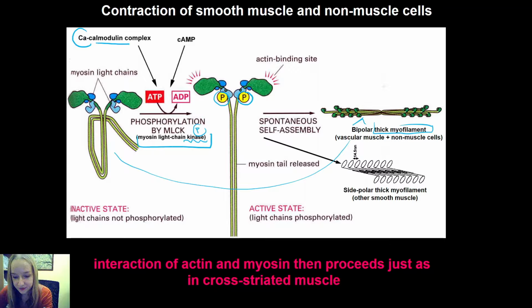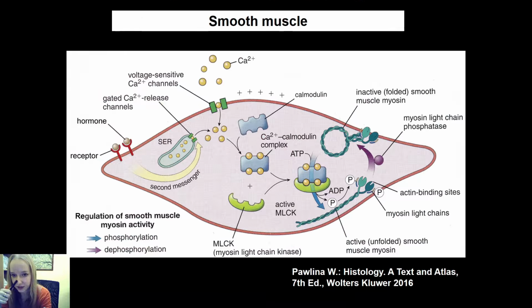And really, this interaction is perceived just as in cross-striated muscle, the skeletal muscle and cardiac muscle. It's the polarization wave that opens calcium channels. Here we have a calcium-gated channel in the sarcoplasmic reticulum.